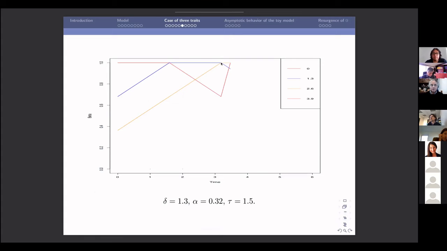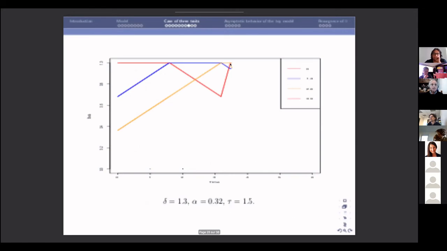The trait delta is going to have negative slope, and the trait 0 is going to have a higher slope, which is going to be twice as large as before. So I get this picture, and so at this time, we have, again, trait 0 that becomes dominant, and so on. After this time, it becomes dominant.